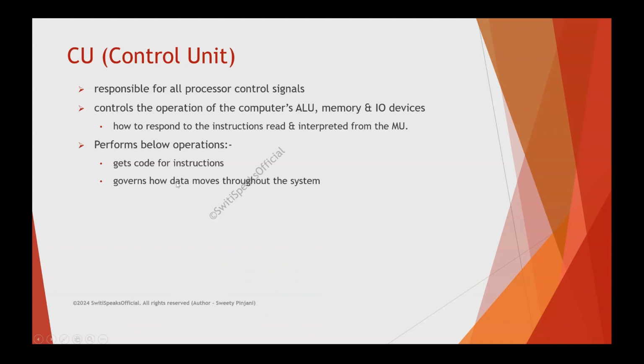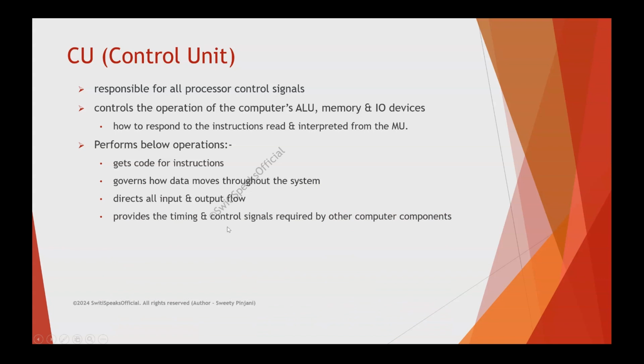It will decide how the data will move throughout the system, from where you are taking the inputs, from where you are taking the output, to where you are going to store the output, these kind of things. It will direct the input and output flow, from where your input should come, where your output should go. All these things are controlled by control unit.